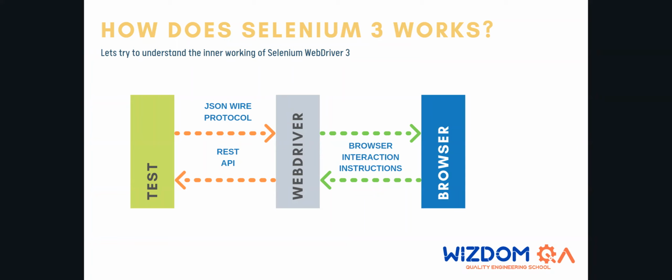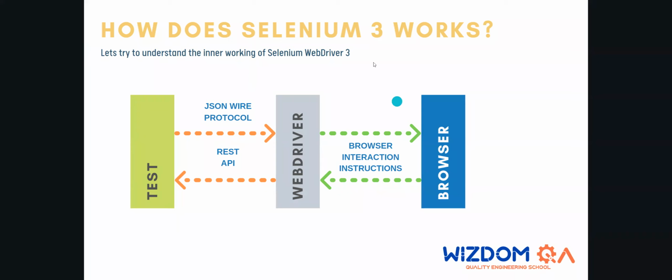Selenium 3 is outdated right now, and we have Selenium 4 only. You can still use Selenium 3 if you want to, and whatever test cases you have written with Selenium 3 are still going to work with Selenium 4. There is no problem in that. So Selenium 4 is backward compatible.